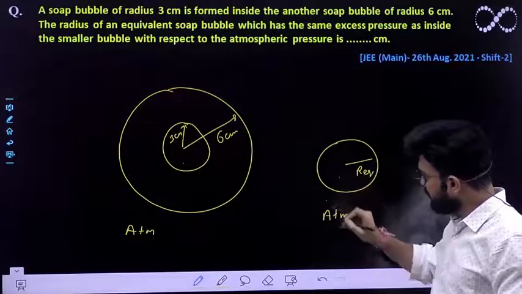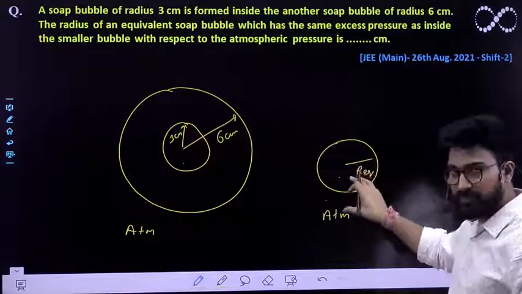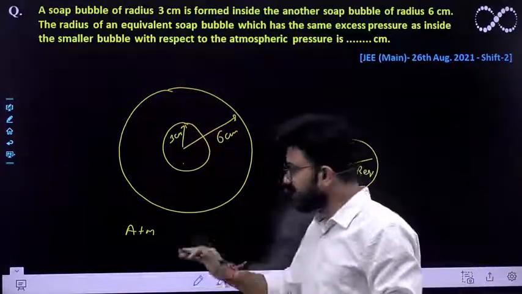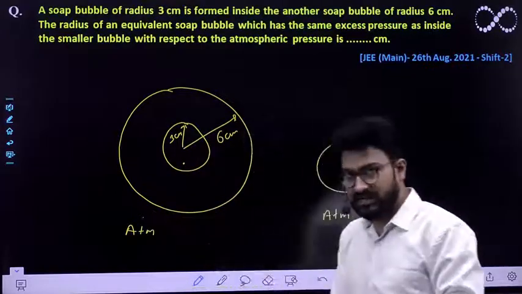So that means the excess pressure between the inside and the outside atmosphere would be the same.